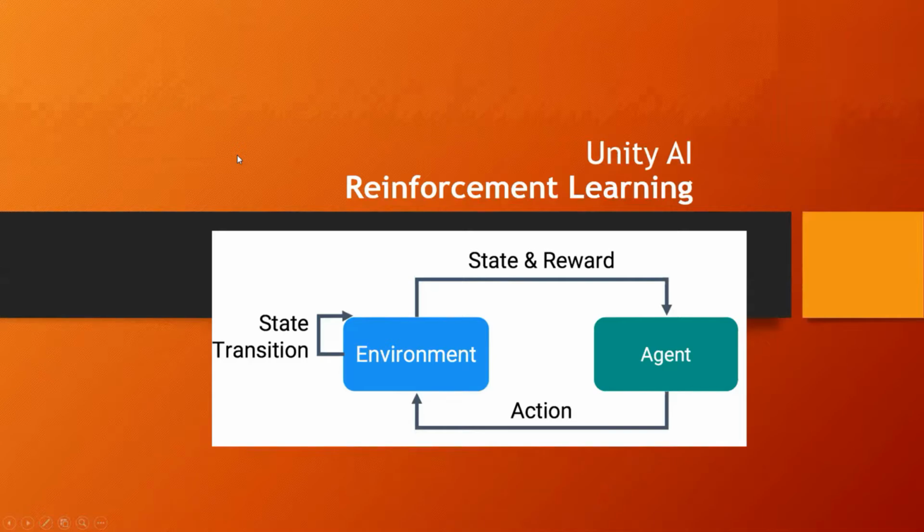Unity AI. I will quickly brief through the Unity AI part. Unity has this new AI capability where we can set up more dynamic AI-based components in the Unity environment. This is part of the reinforcement learning technology available with Unity AI, which is more toward a self-learning kind of environment.